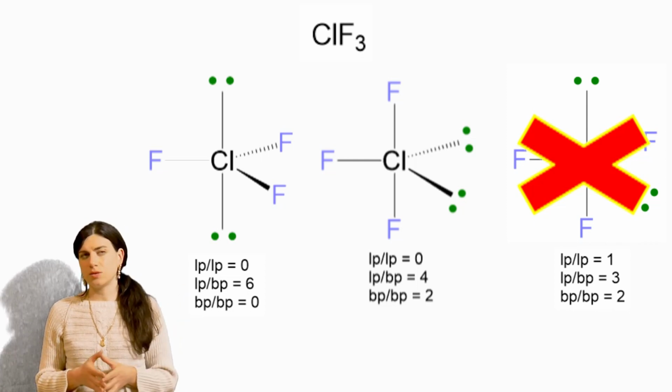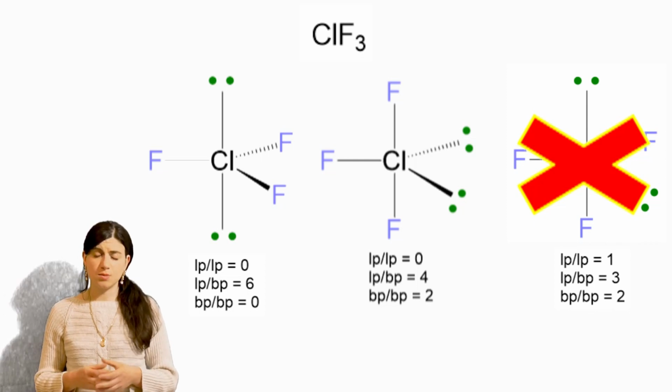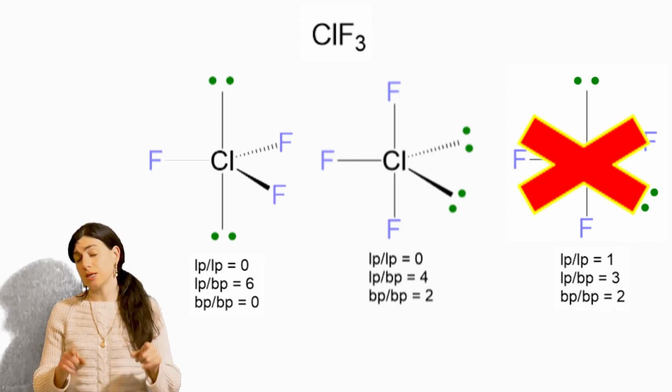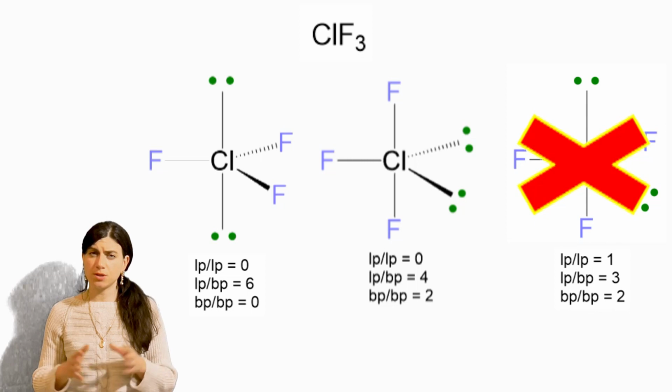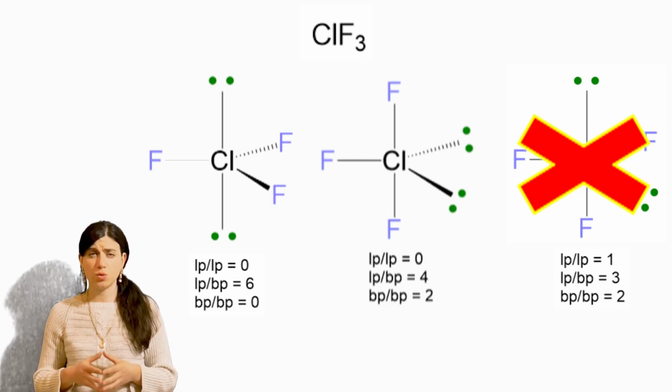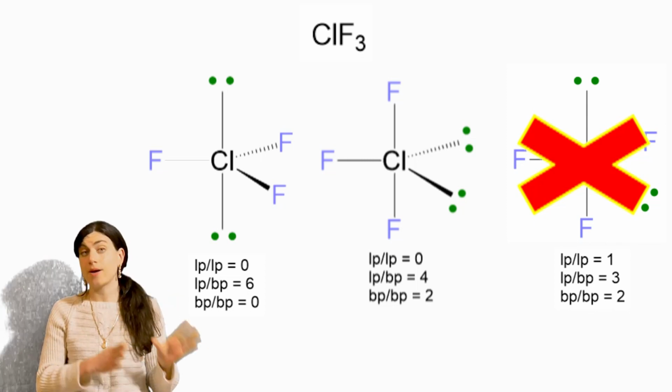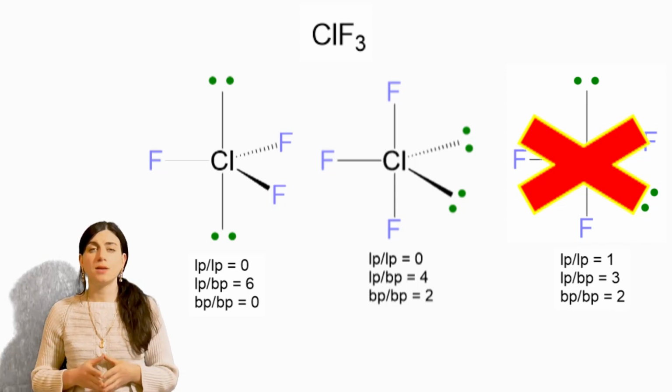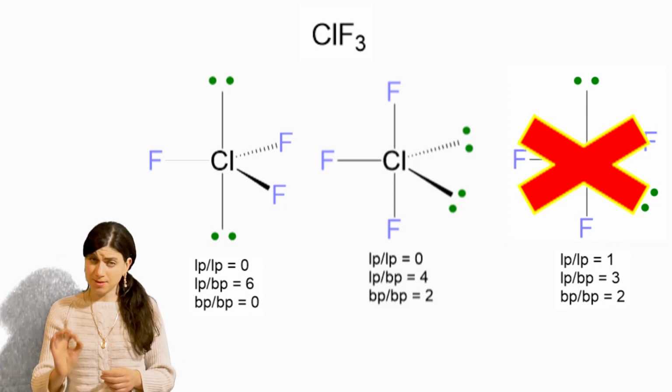In order to understand which one of these two is the most stable one, let's go to see the second most important repulsion in the VSEPR model, which is the repulsion between lone pair and bond pair. And let's see how many lone pair bond pair repulsions at 90 degrees we have.